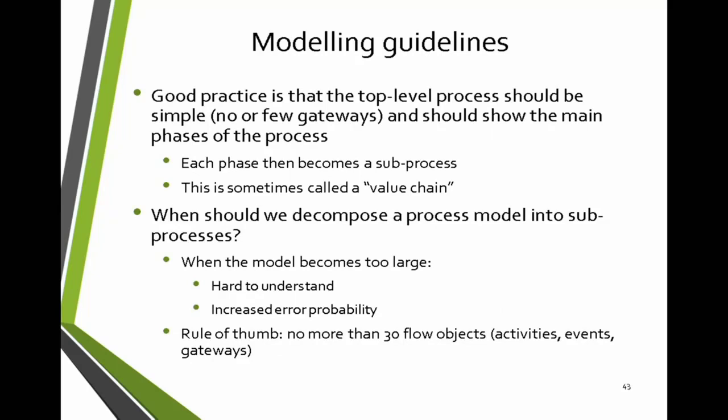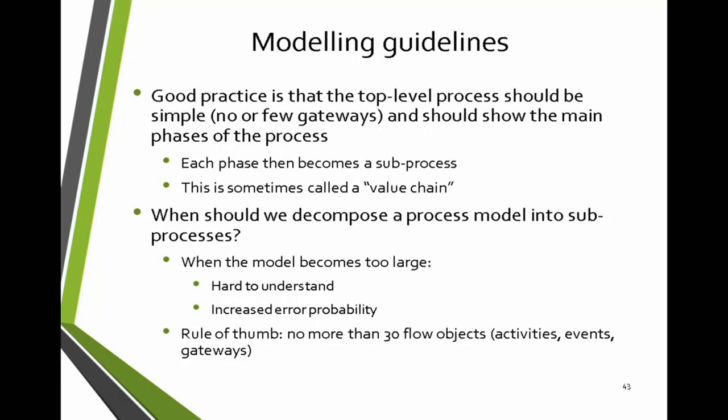Regarding modeling guidelines, such a top-level process, even in a 2-layer hierarchy, is preferably as simple as possible, which means that in the top level, using sub-processes makes that you have as few gateways as possible. That's basically the kind of reasoning that you can apply. So you try to make it almost into a value chain.